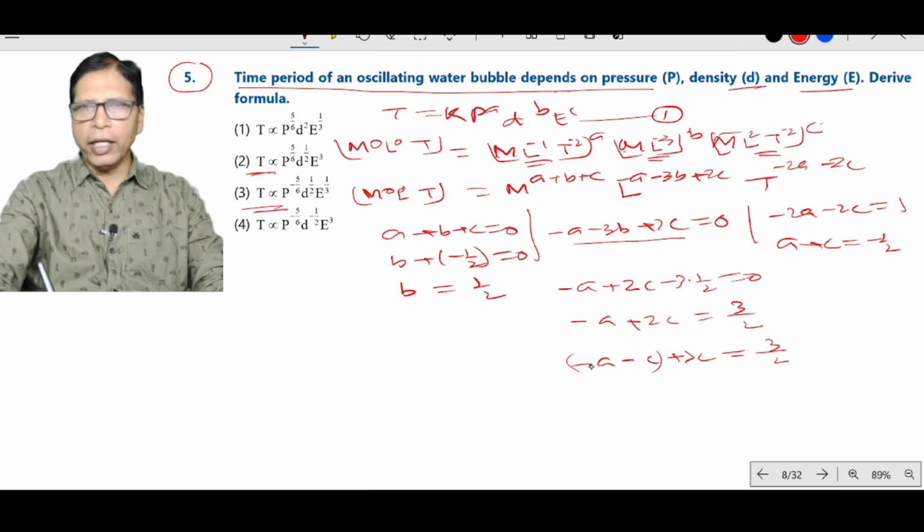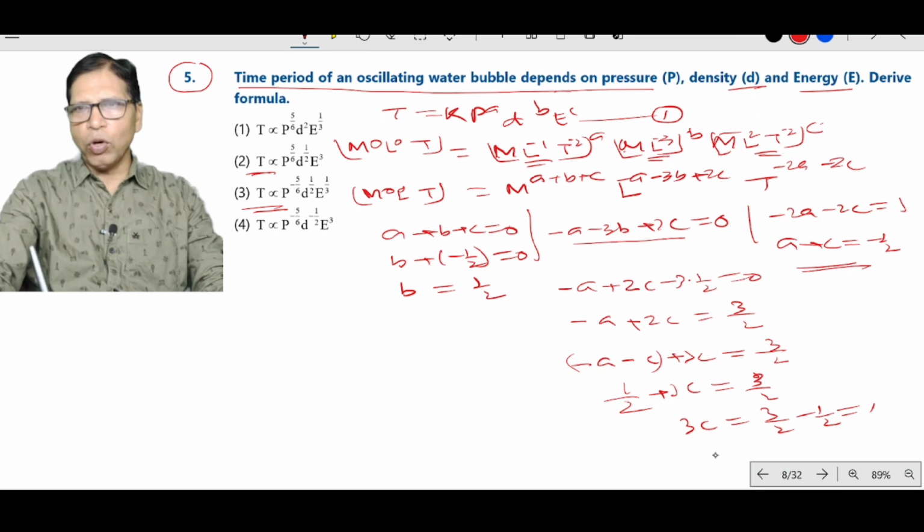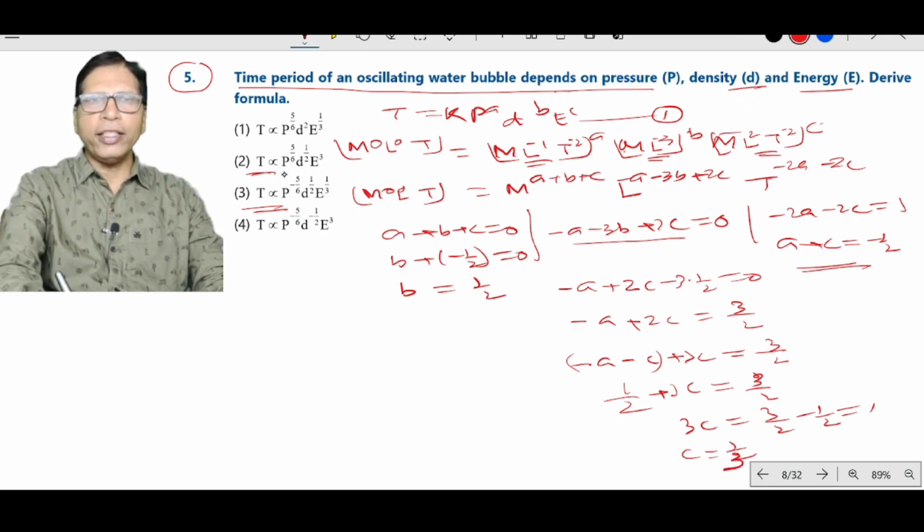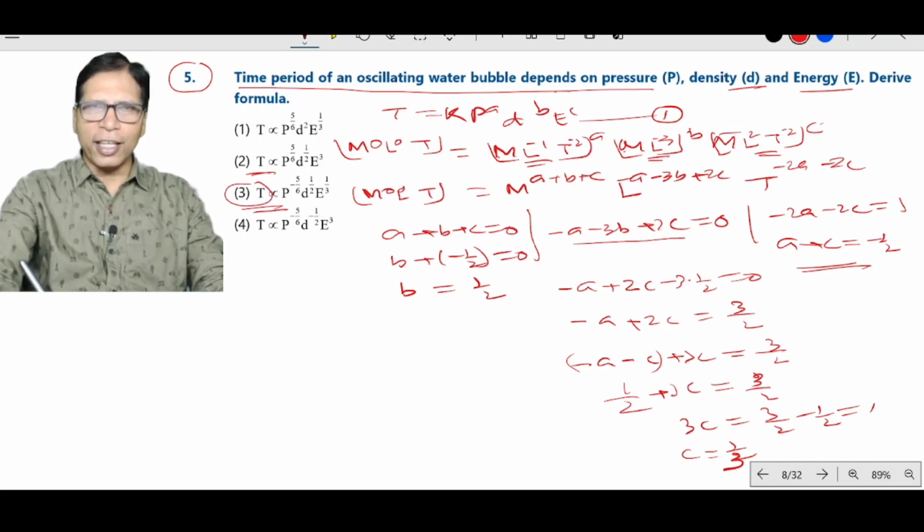Now minus A minus C is equal to half. So half plus 3C equals 3 by 2. So 3C equals 3 by 2 minus half, equals 1. So C equals 1/3. C equals 1/3 and B equals half. Only this option is correct. So option C is correct.